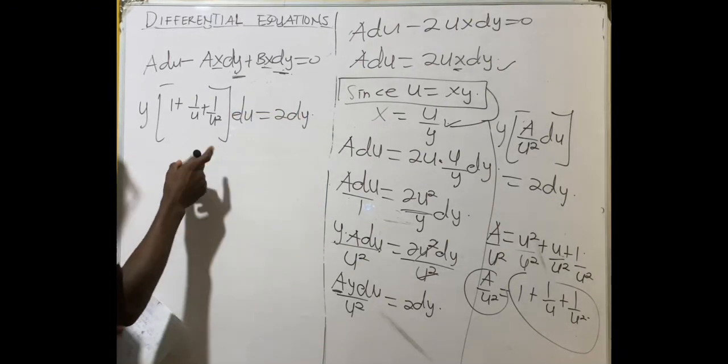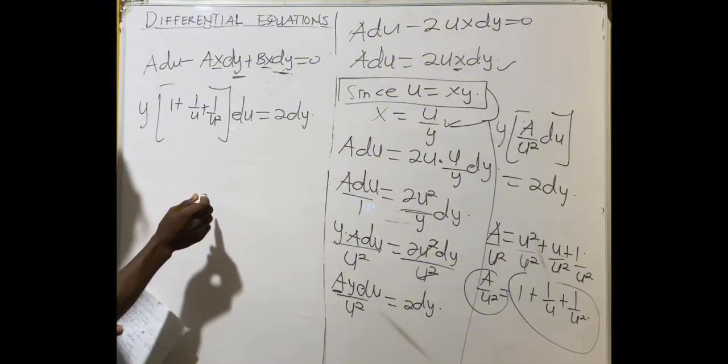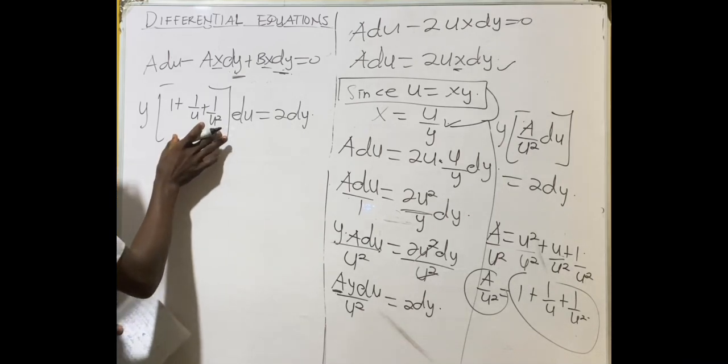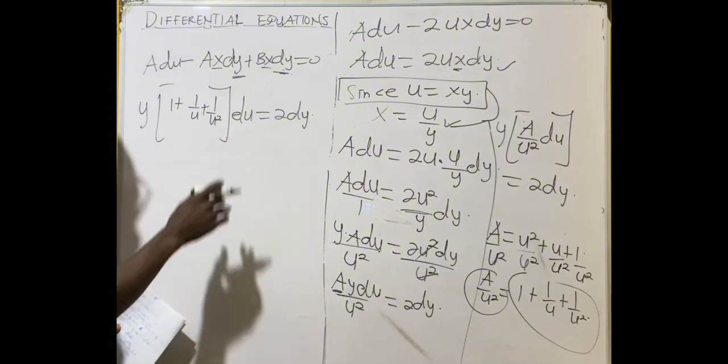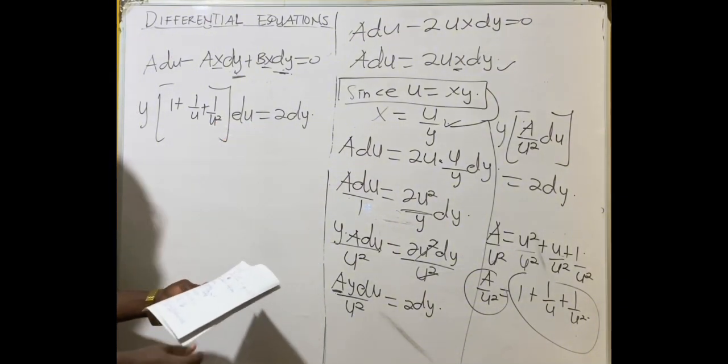Right, so now that we have this, what can we do? We are heading towards the separable method, right?